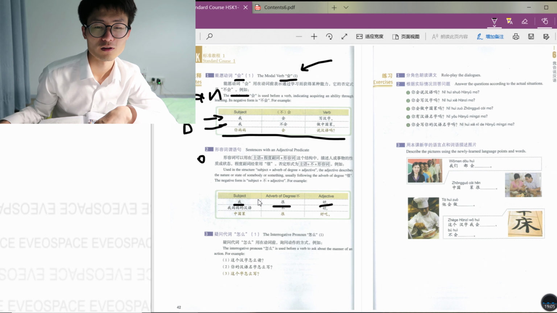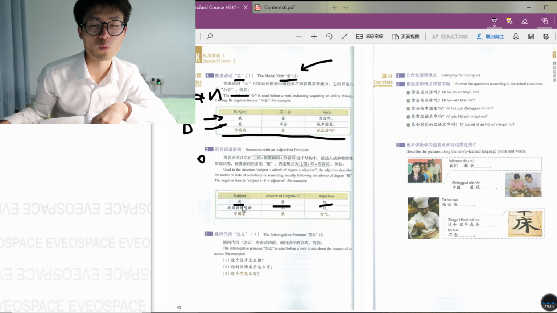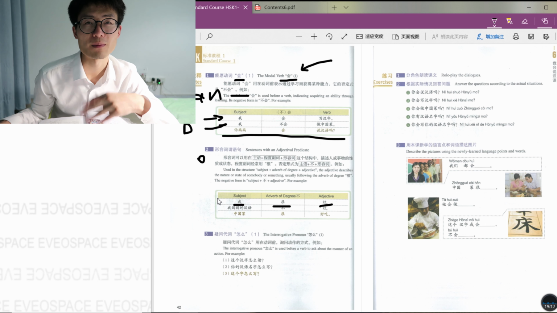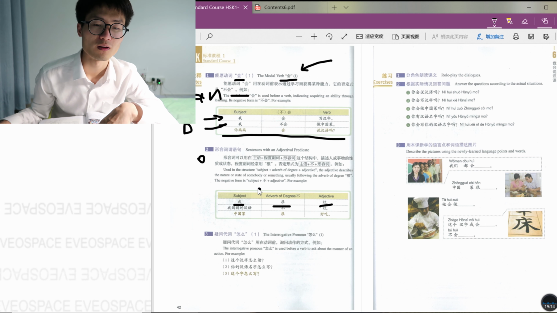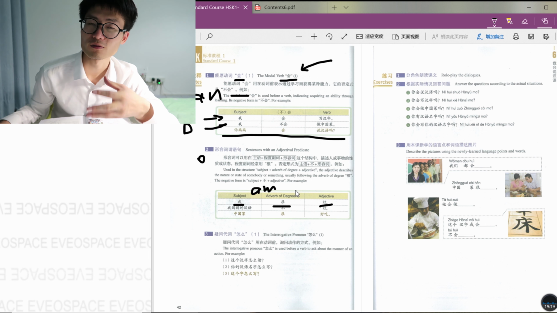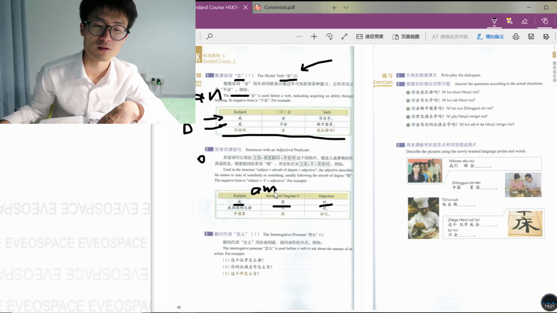So 我很好, basically it means I'm very good, but the English word am is not shown here.